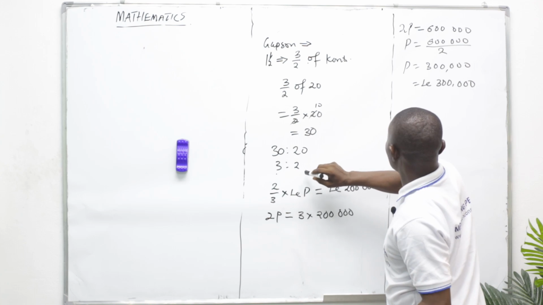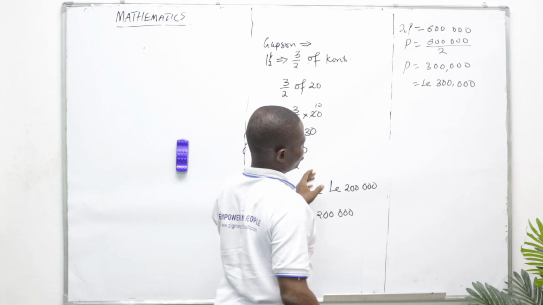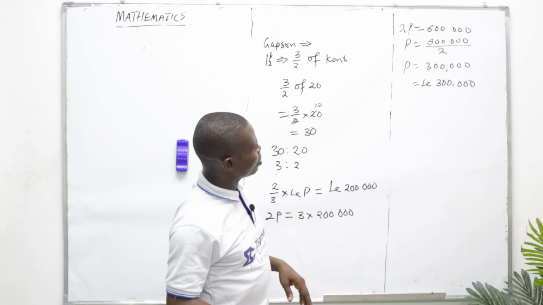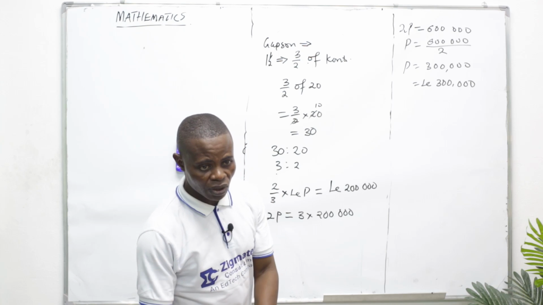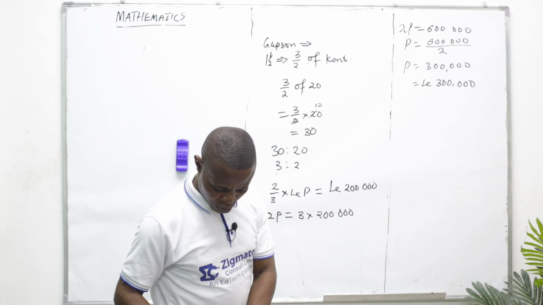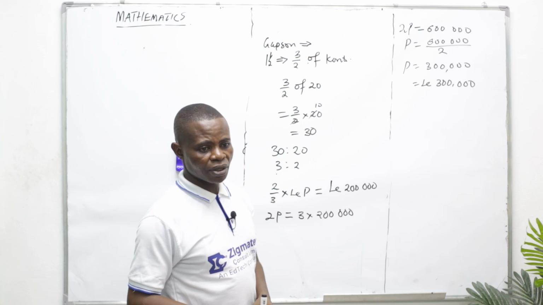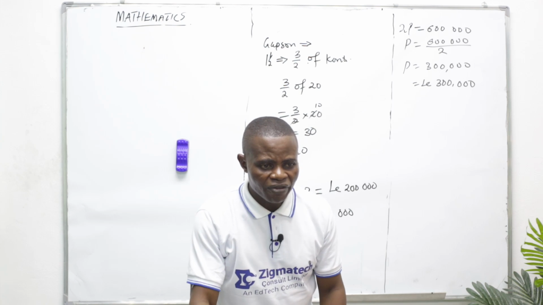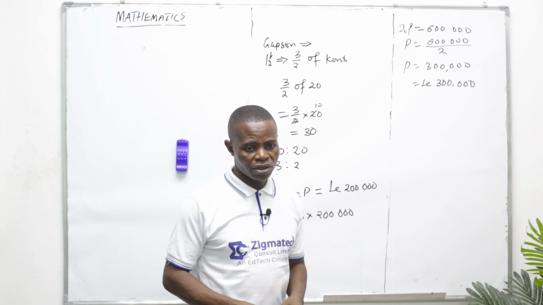This is the total amount they have to share, 300,000. Let's cross check with our calculator. 200,000 times 3 all over 2, 300,000. Okay. Find the total amount shared. Total amount shared.